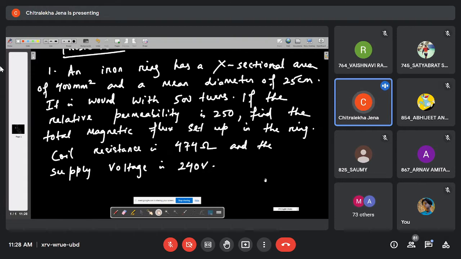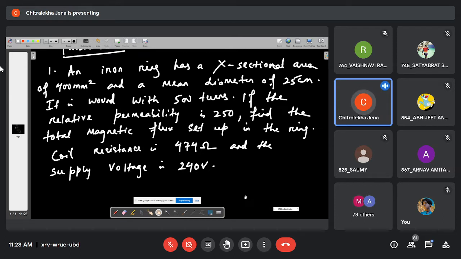How many problems will we do, you know? 1, 2, 3, 4, 5, 6. 6 problems we'll do. First, after reading the questions, write down the given values first.